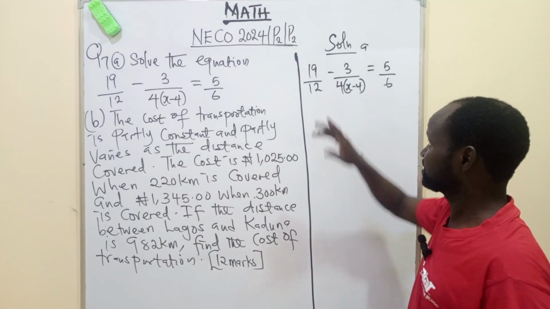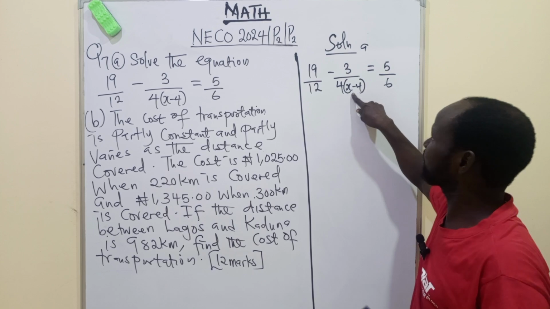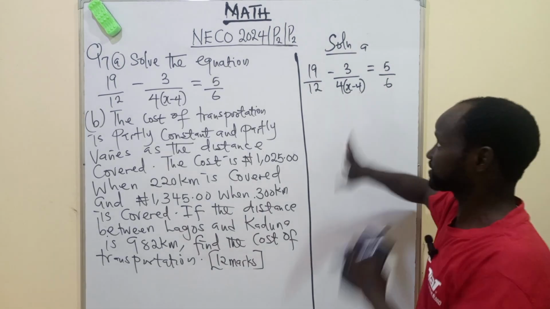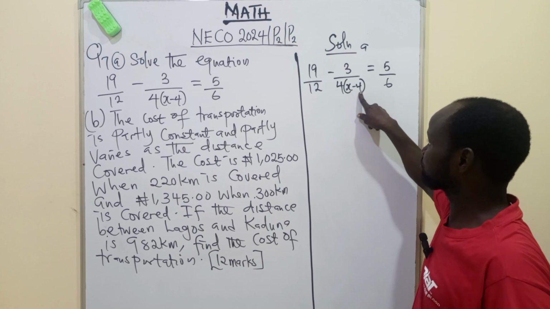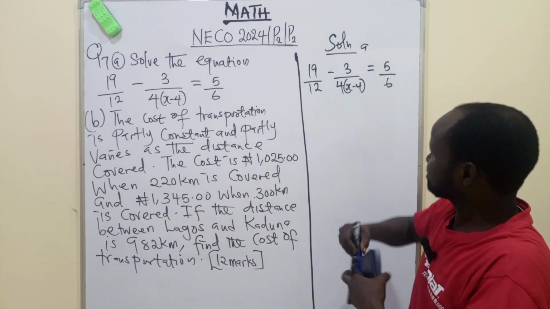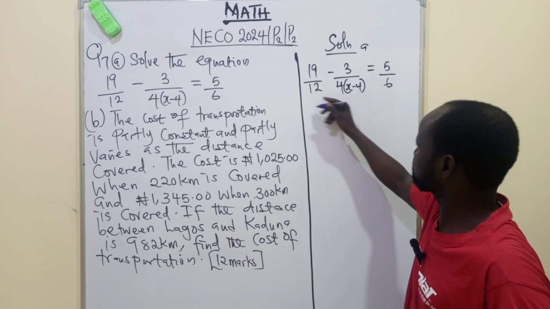Very important. Here we have 12, we have 6, we have 4. Naturally, if there is no x minus 4, the LCM will be 12. The LCM of 12, 4, and 6 is 12. But since we have x minus 4, of course, the LCM here is nothing but the LCM of the numbers multiplied by the variable that are here, which is x minus 4 now.